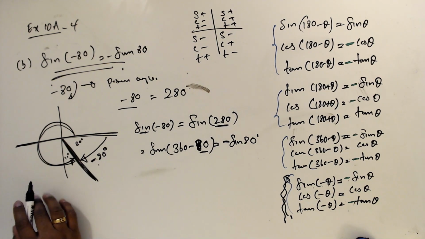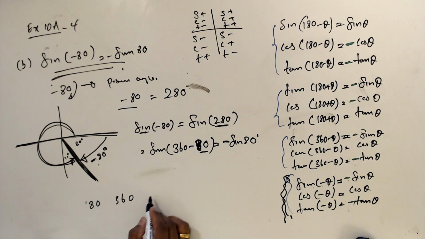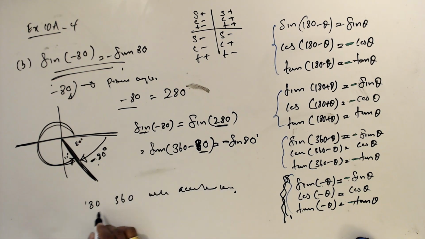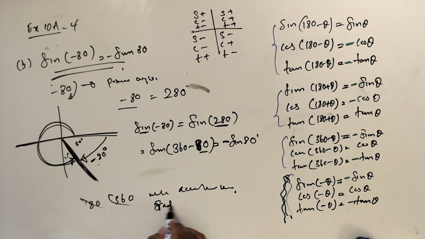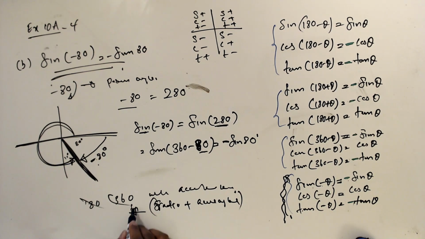You only need to know if you write 180 or 360 with an acute angle, simply drop these two and write the ratio plus acute angle. Then decide the sign, plus or minus.